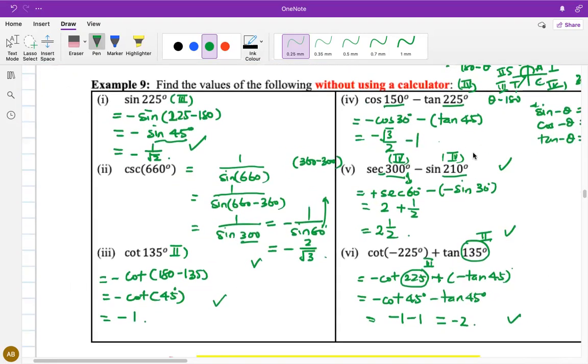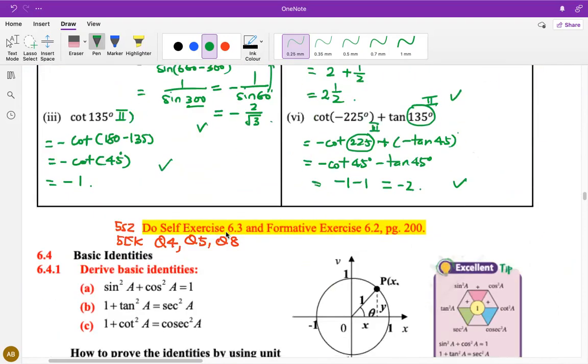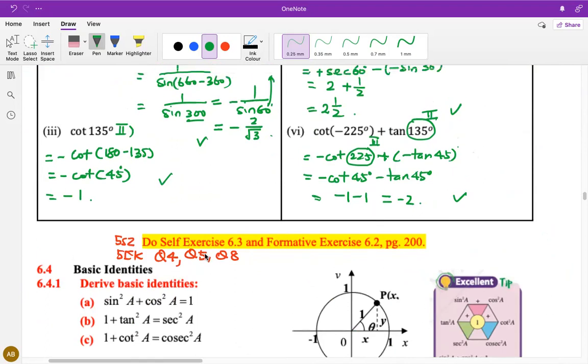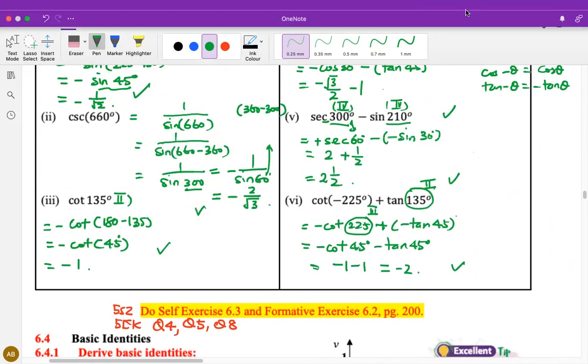This is example 9 for special angles. Do exercise 6.3, formative exercise 6.2, and also for EK, questions 4, 5, and 8. That's all for this video.